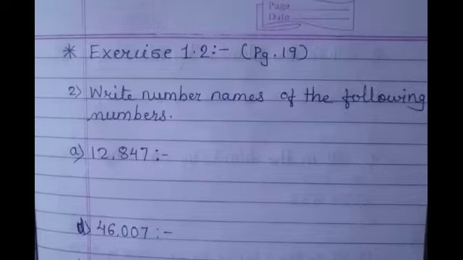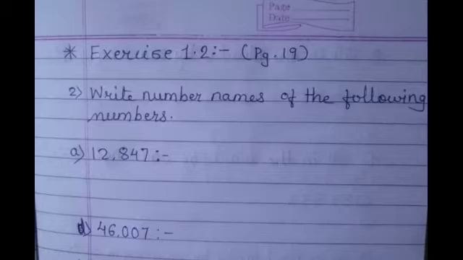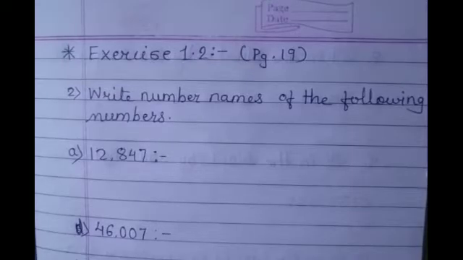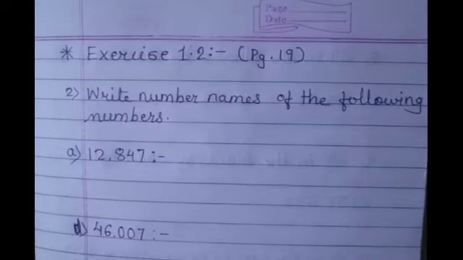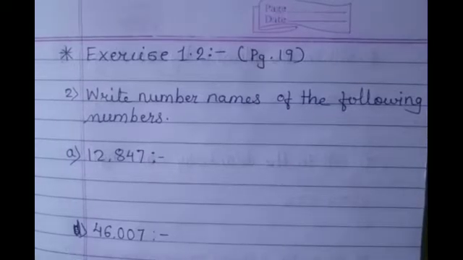Today we have learned counting numbers in tens, hundreds and thousands. So let's start the exercise 1.2, which is present on your page number 19. I hope you have done exercise 1.1 in your notebook. Now let's start.